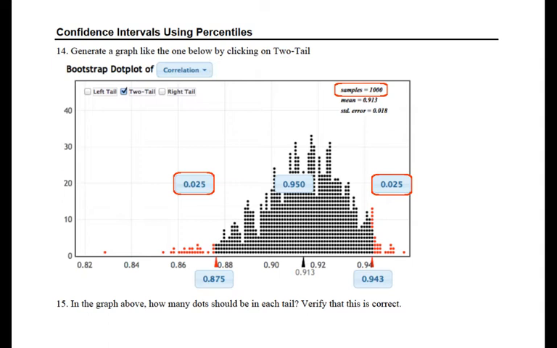So if we have a 95% confidence interval, that means that 5% is going to be in the two tails combined. In this case, 5% of 1,000 samples is 50. So that tells us that we should have 25 in each tail.